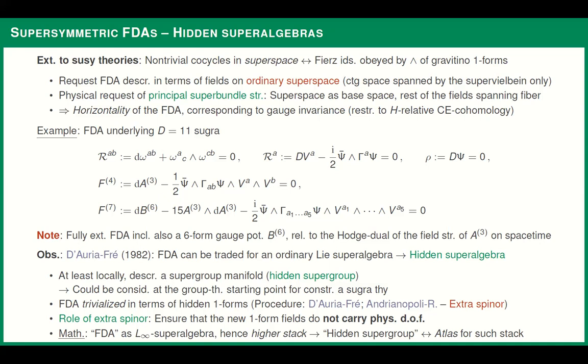So this co-cycle emerges from the geometry behind the Fierz identity and the gravitinos.